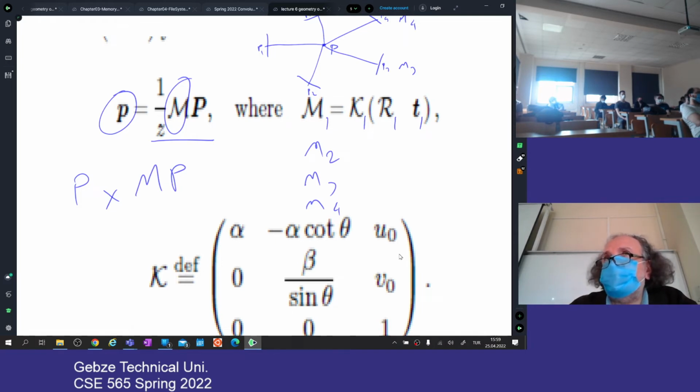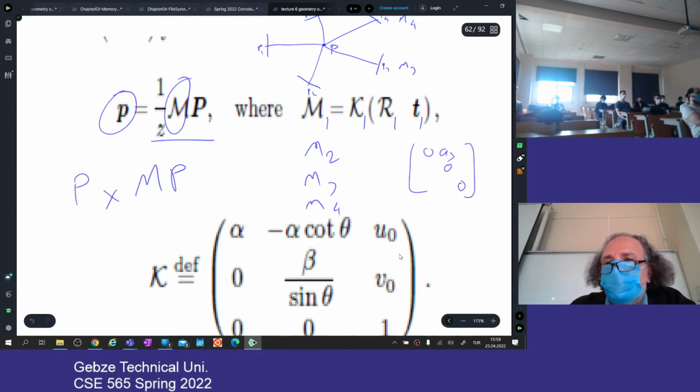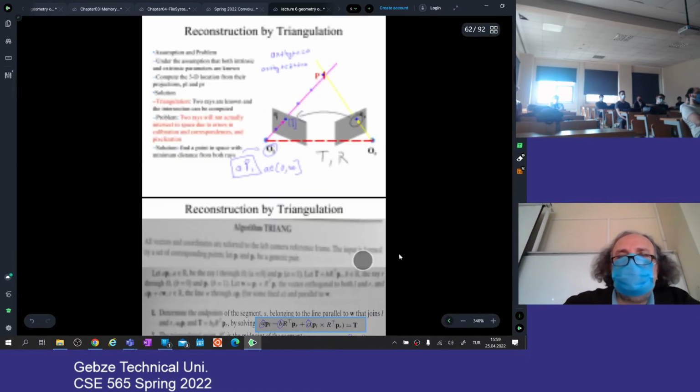If you cross product something with itself, you would get, remember the schematic formula? 0, 0, 0, A3, A3, A2, A2, A1, A1. This is minus, and this is minus. Remember this one? Let's go back.